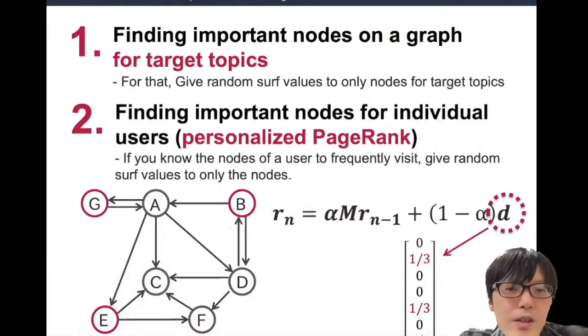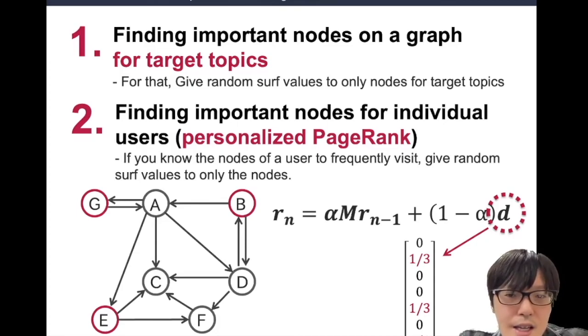So when do we use the topic-sensitive PageRank algorithm? There are several use cases. One use case is when we want to find important nodes on a graph for target topics. Another use case is when we want to find important or favorable nodes for individual users.